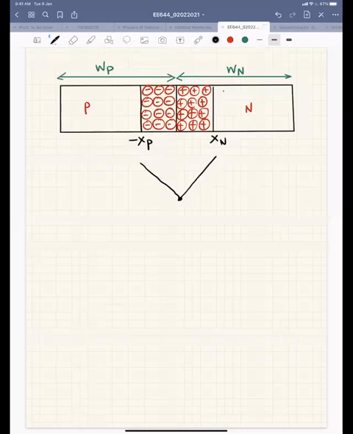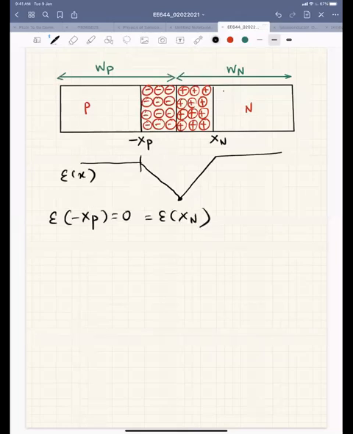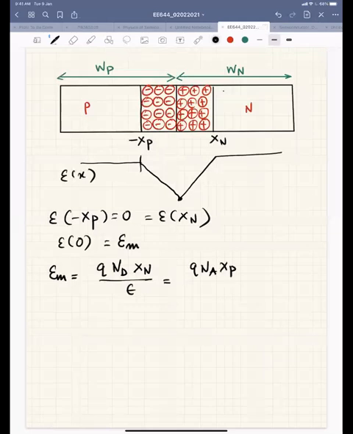If you plot the field Ex, then E at minus xp equals E at xn, the electric field at xn. But at the zero point, the electric field is maximum, and this maximum field we know is nothing but q ND xn divided by epsilon, or q NA xp divided by epsilon. This we have derived, so please keep it in mind.